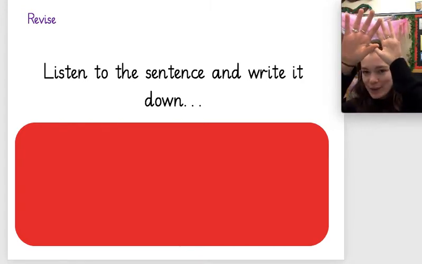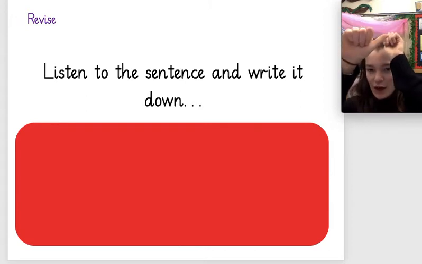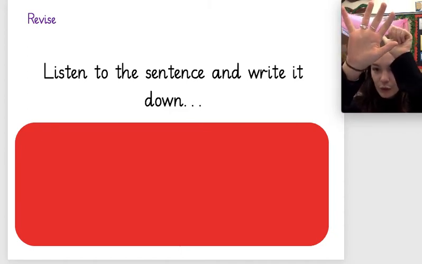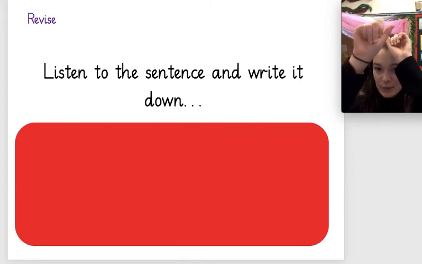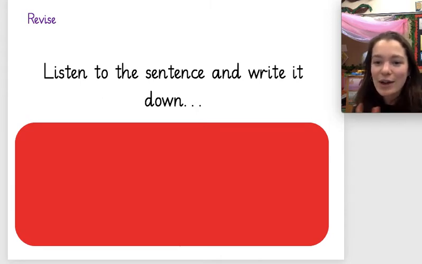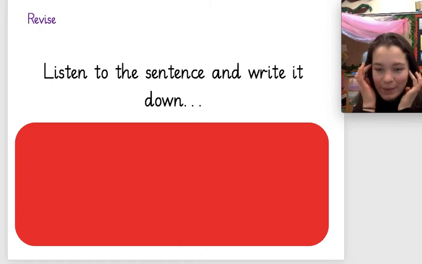I'm going to do it up here with my hands. The awful storm caused 4 thorns to get stuck in her paw. 12 words. Pause this and write it down using those fingers to count the words and thinking about the or sounds.